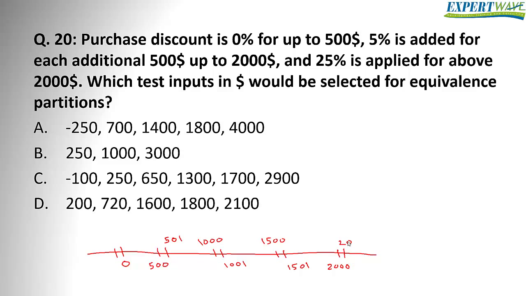Fifth partition from 2,001 and above, where discount is 25%. And for invalid partition, we have only one, which is negative numbers. We cannot purchase items with negative money. So invalid partition is from -1 and down to -infinity.